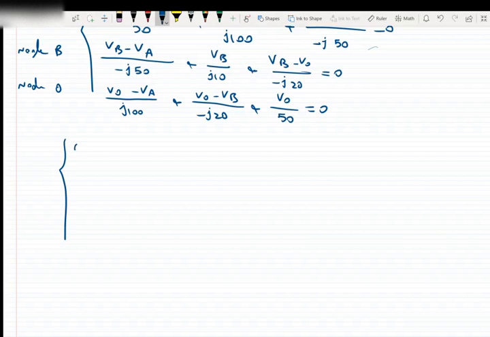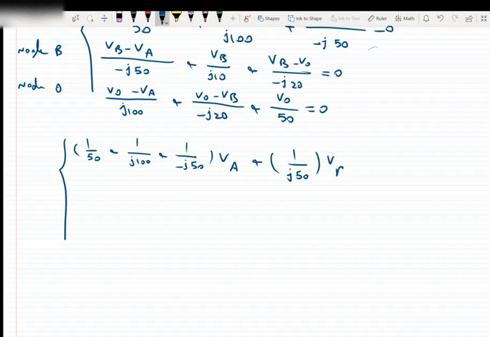So we will have 1 over 50 plus 1 over J100 plus 1 over negative J50 times VA, plus 1 over J50 times VB, plus negative 1 over J100 times VO is equal to 10 with the angle of 0 over 50.